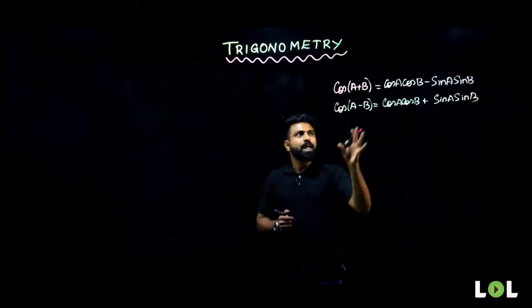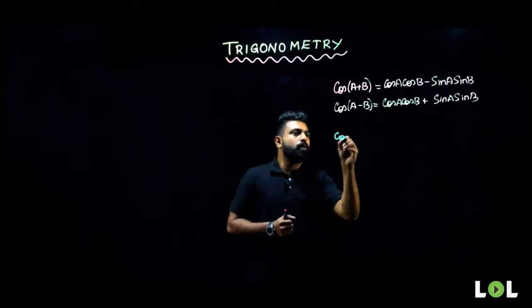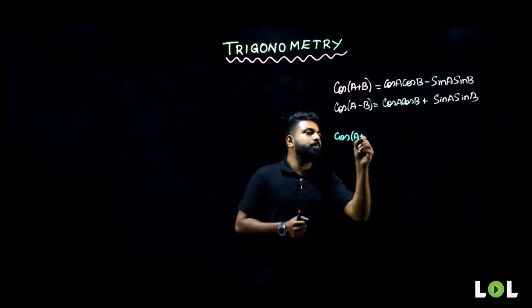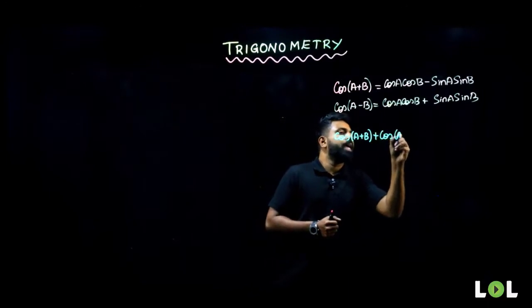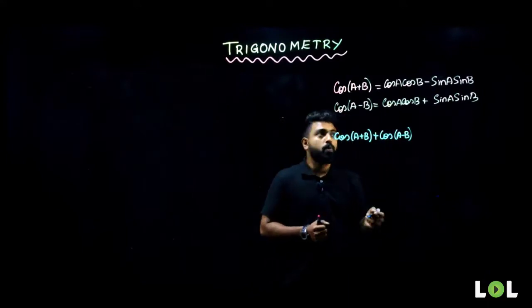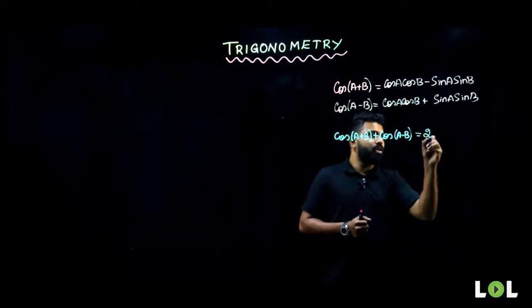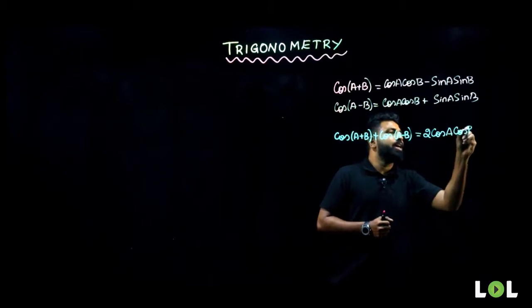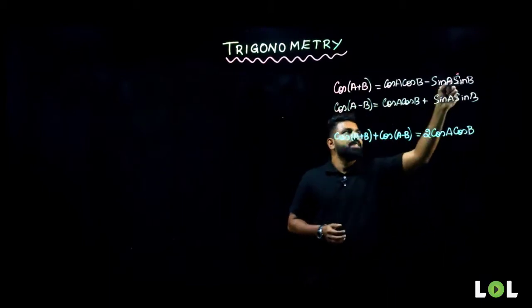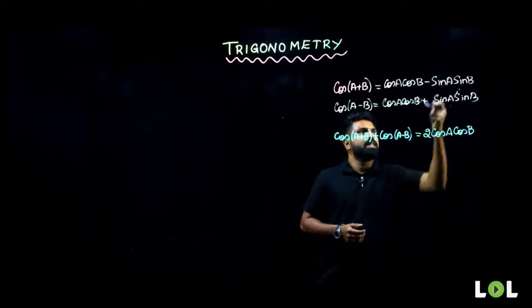So now if I quickly add these two, what do I get? I get cos of a plus b plus cos of a minus b will be equal to 2 into cos a cos b, because minus sin a sin b plus sin a sin b gets cancelled here.